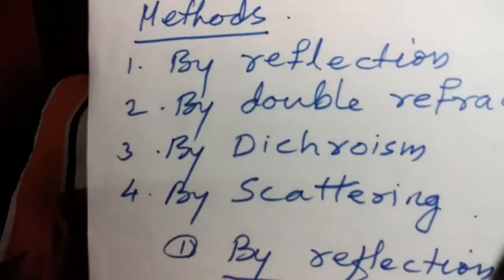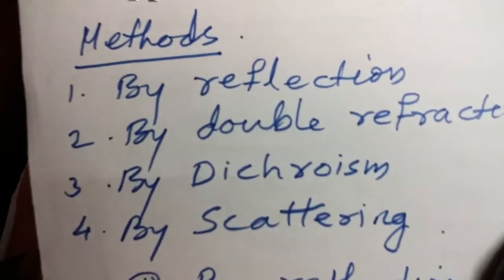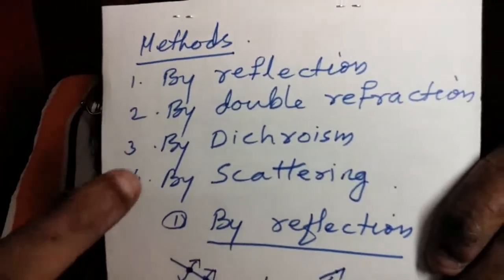One is by reflection. 2 by double refraction. 3 by dichroism. 4 by scattering. So these are the basic processes by which you can convert ordinary light into plane polarized light.